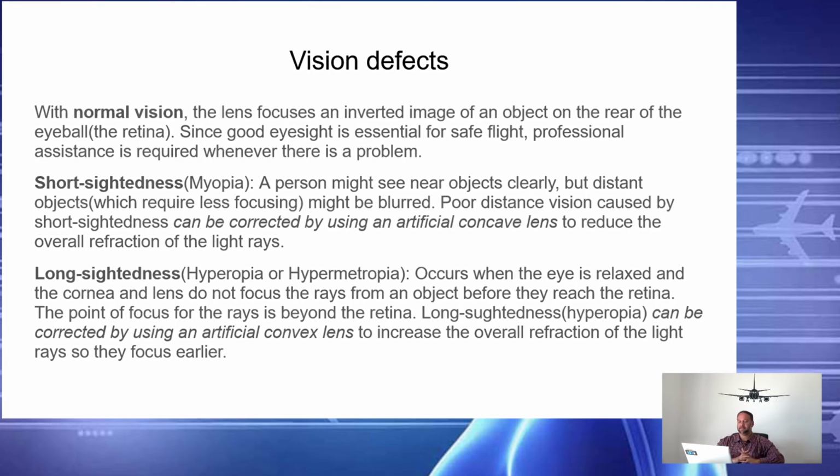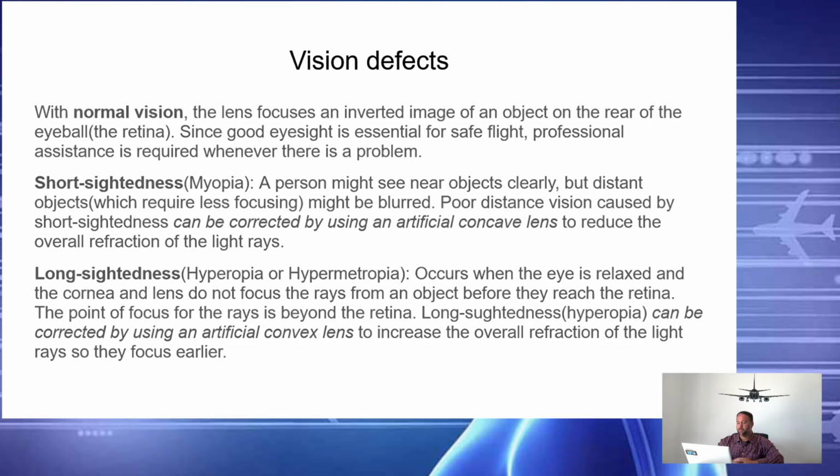Vision defects. With normal vision, the lens focuses an inverted image of an object on the rear of the eyeball, the retina. Since good eyesight is essential for safe flight, professional assistance is required whenever there is a problem. Short-sighted, myopia.